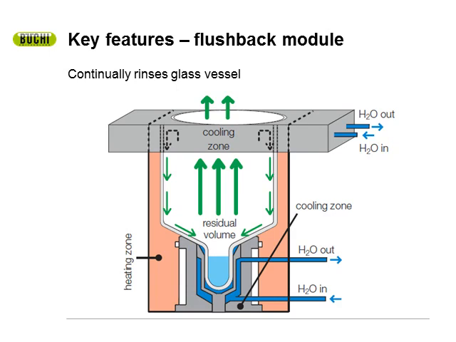Now let's get into the flushback module, which is another key feature of the Syncore. You can see this picture here. The cooling zone, this gray area right on the top of the glass vessel, is actually a cooling zone that's going to continuously rinse the sides of the glass walls. There's a good chance analyte will stick to the borosilicate glass vessel.